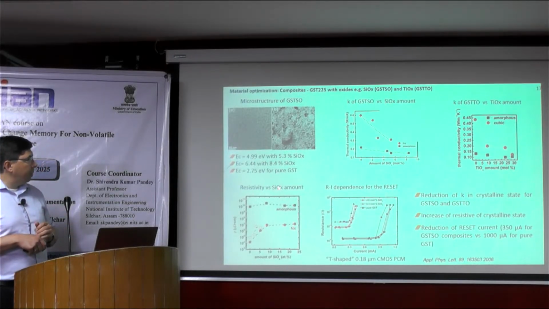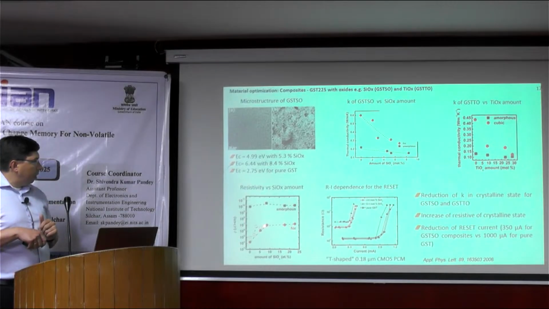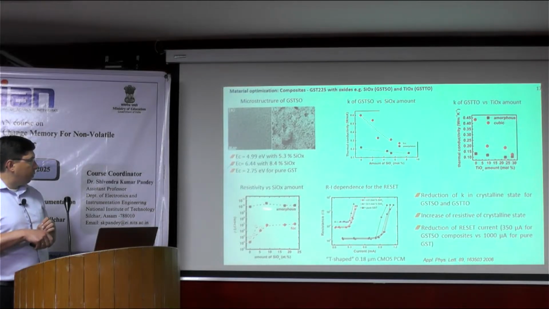Also, the resistivity of the amorphous phase increases, in the amorphous and in the cubic phase, but mainly in the crystalline phase with a high amount of SiOx. You see an increase of up to an order of magnitude. Here the resistivity of the amorphous phase is not impacted a lot.